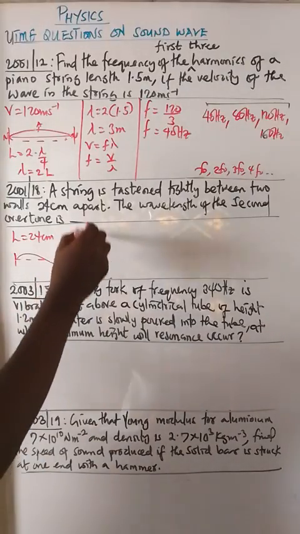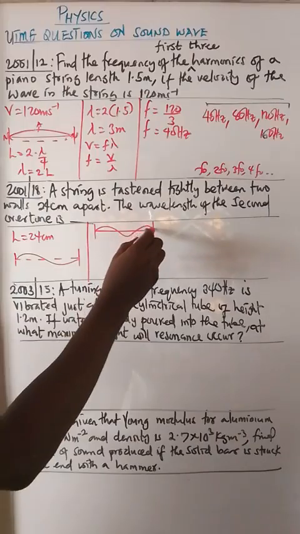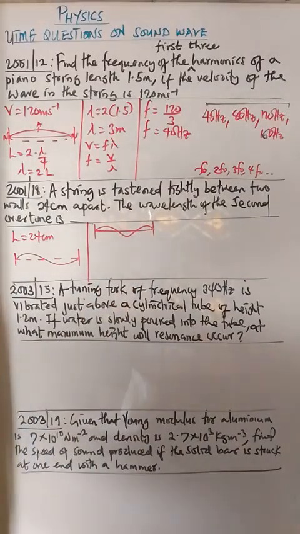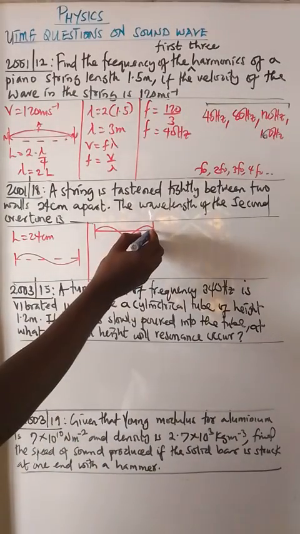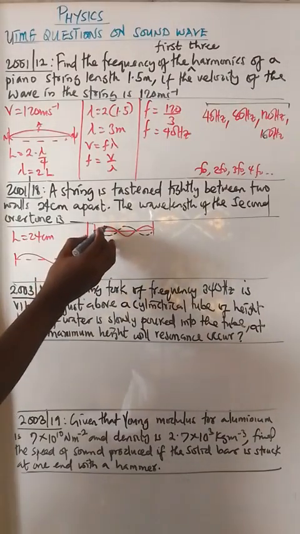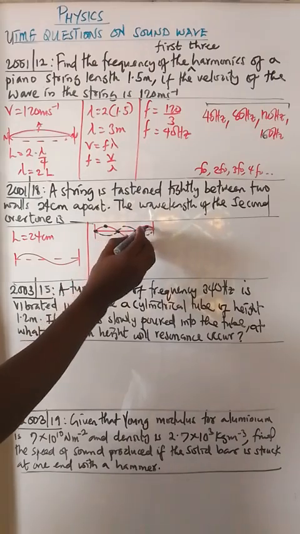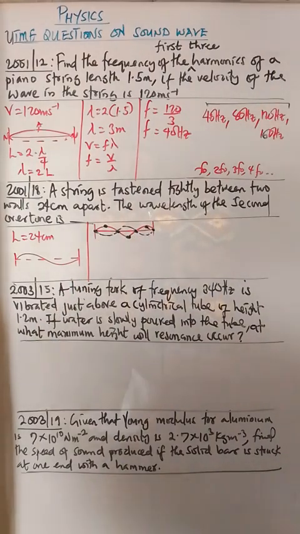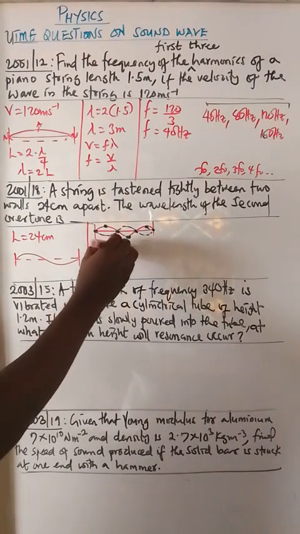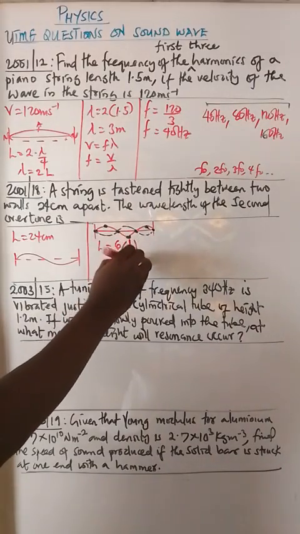But for the second overtone, we have something like this. If you check the notes, it's there, or the previous lectures. So node antinode 1, 2, 3, 4, 5, 6. So the length L contains 6 node-antinode, and node-antinode is lambda over 4.